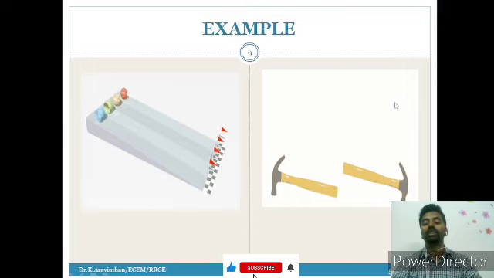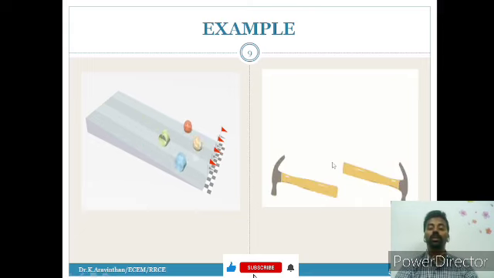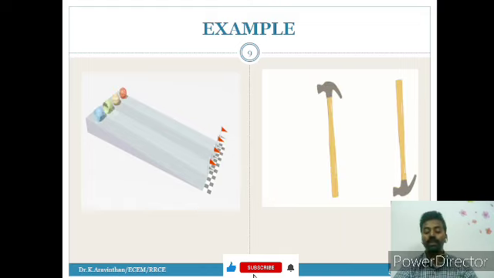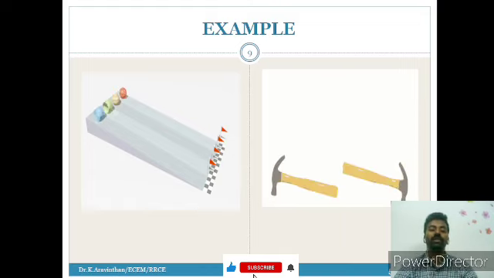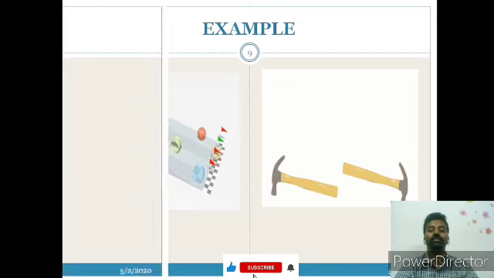That is why it is falling at a slower rate when you compare to this. This is the concept of mass moment of inertia. The more the mass, the more will be the mass moment of inertia. Similarly, the more the mass for a solid object, you will have more mass moment of inertia.